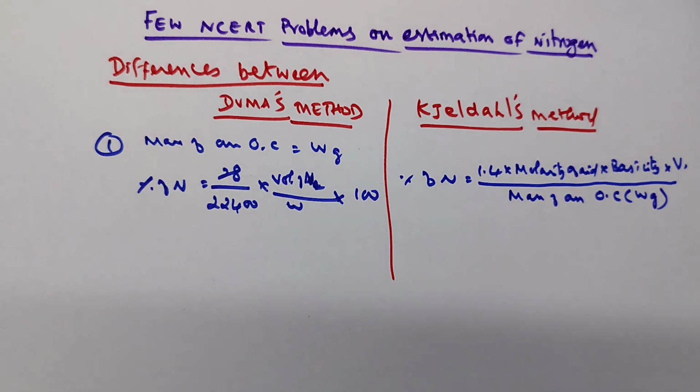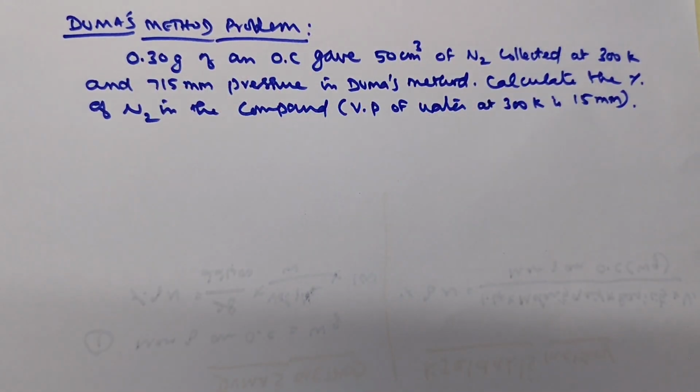By using these two methods, we will work out one problem each. Let us work out a problem on the Dumas method. In this problem, 0.30 gram of an organic compound gave 50 centimeter cube of nitrogen collected at 300 Kelvin and 715 mm pressure in the Dumas method.